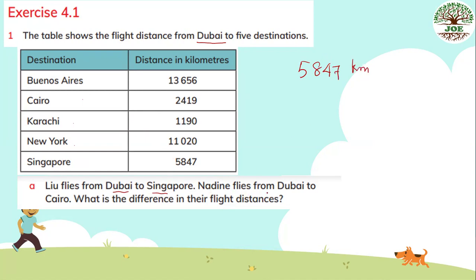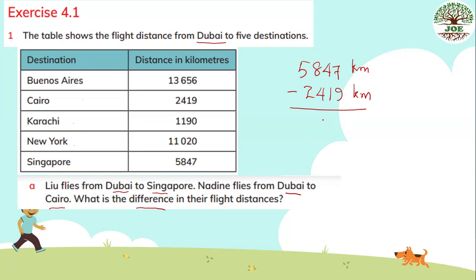And Nadi flies from Dubai to Cairo. From Dubai to Cairo is 2,419 kilometers. So what is the difference in their flight distances? For the difference in their flight distances, we have to take the difference between them. So we have to subtract the smaller one from the larger one.